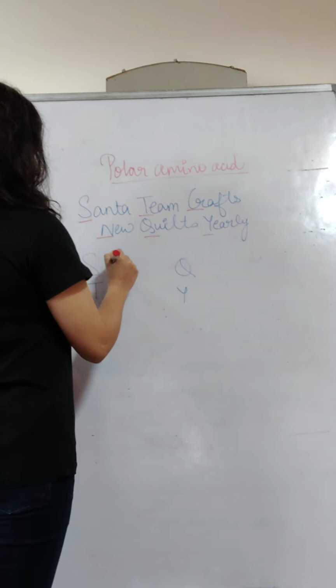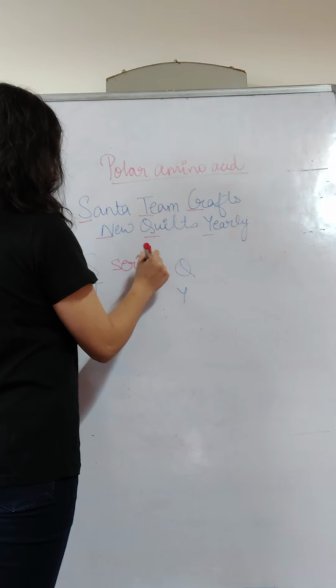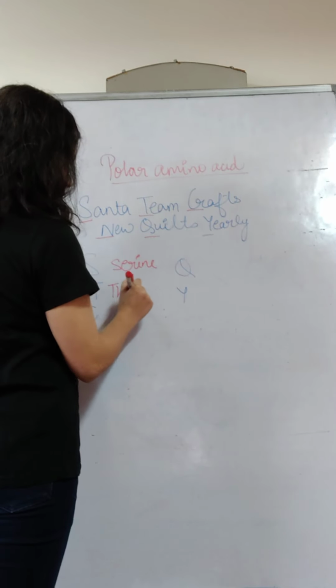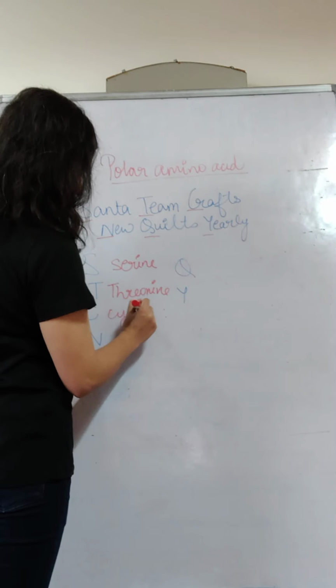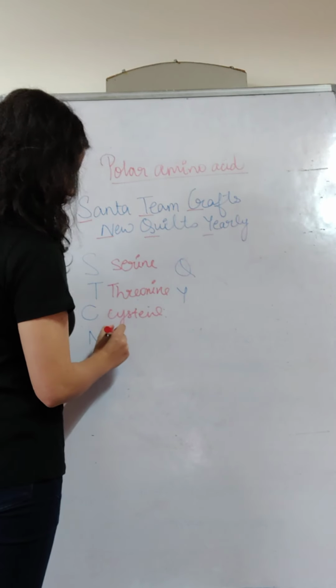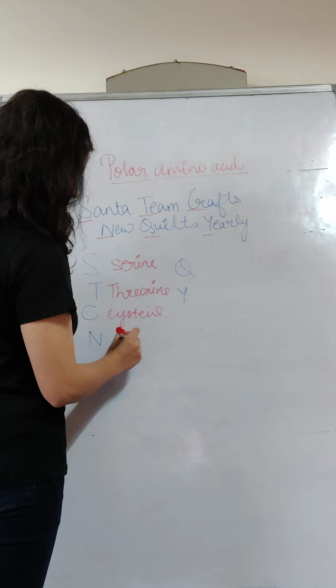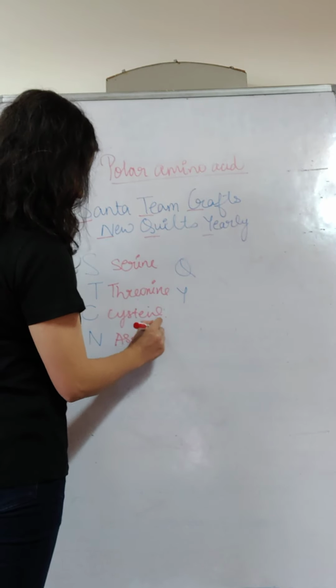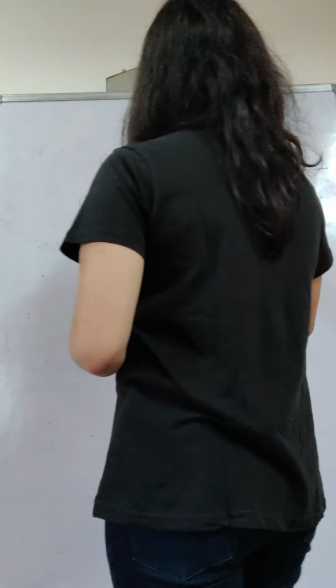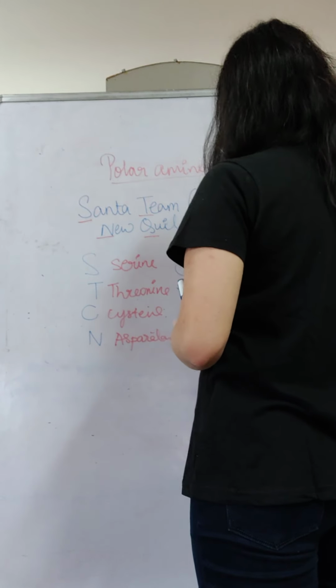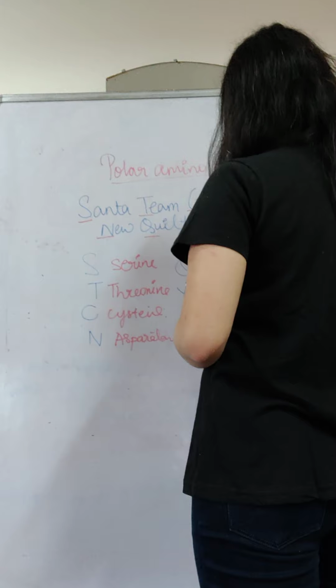S is for serine, you already learnt it. T is for threonine, this also you read. C, cysteine. N is for asparagine. Q is for glutamine.